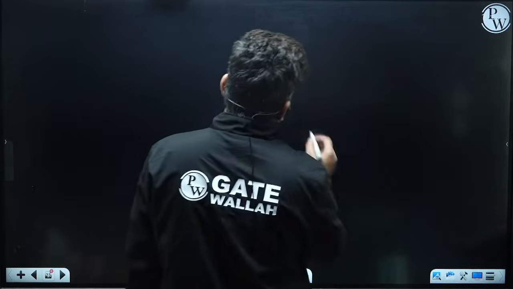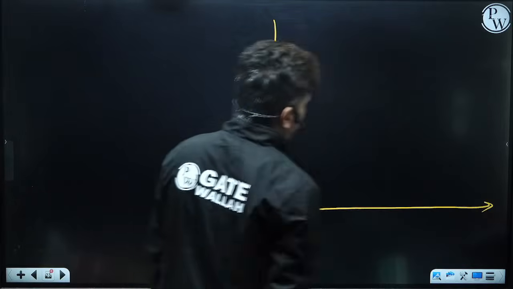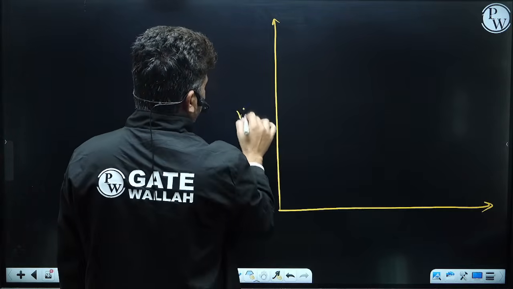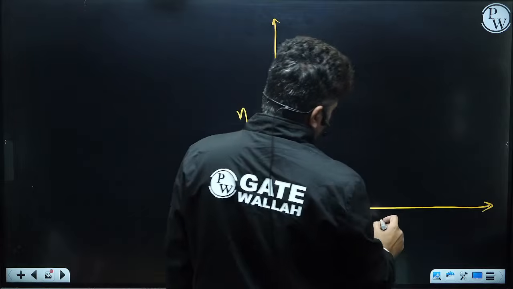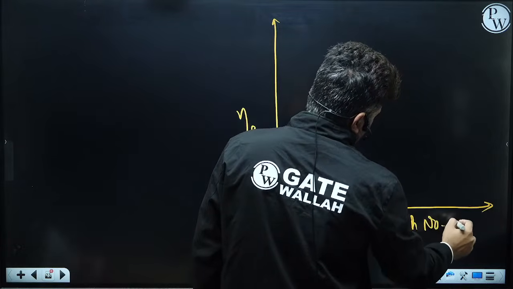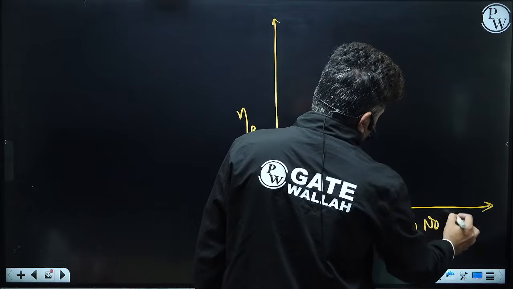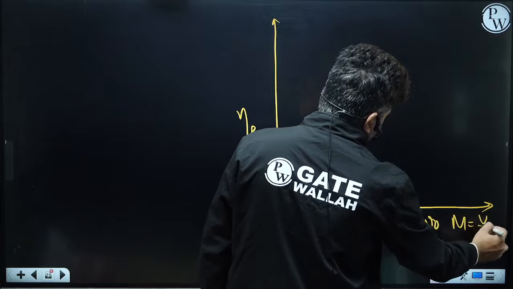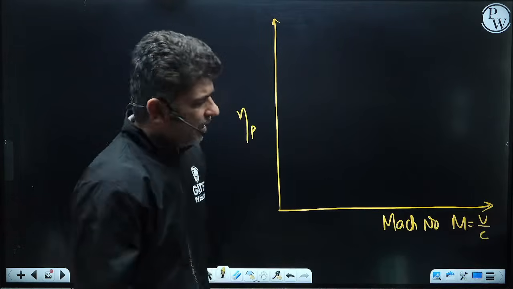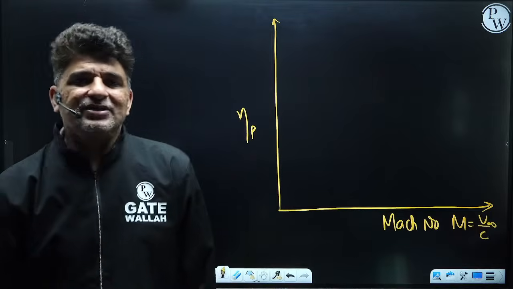We can draw one more diagram that is generally used for comparison of different aircraft, and that is the propulsive efficiency with respect to the Mach number. Mach number is V by C, the velocity of the aircraft divided by the speed of sound.